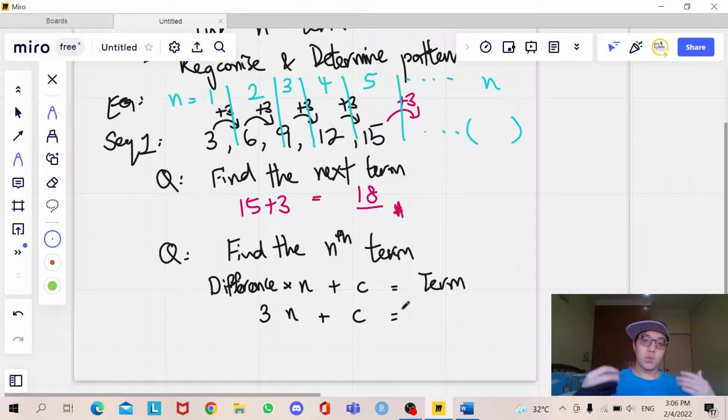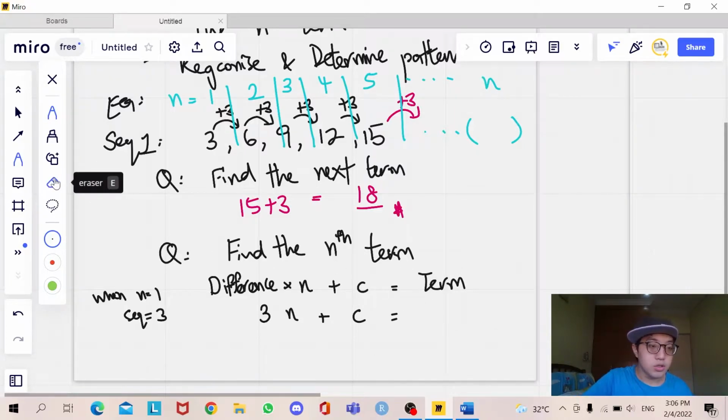So we can actually take any number in this sequence. For example, when n equals 1, the sequence is equal to 3. So the term here, I should not say the term, should be the value. The value here is the sequence, which is 3.